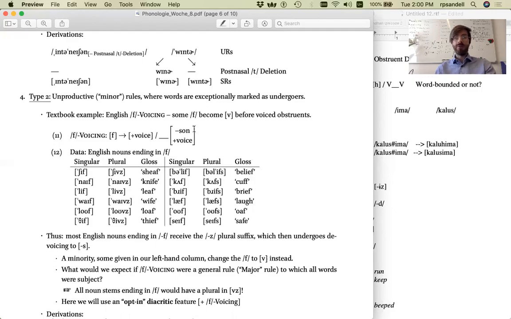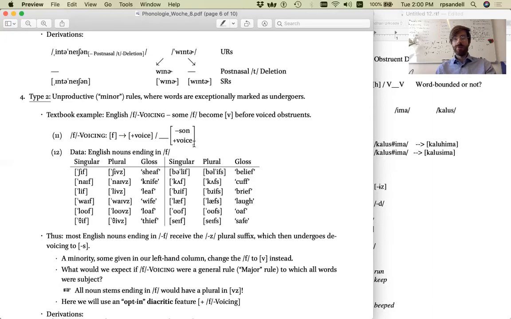So the process from the purely phonological point of view simply states that an underlying F becomes voiced preceding a voiced obstruent. So some nouns of English, like knife, leaf, or wife, show an alternation where we get a V in the plural. And so we have knife, knives, leaf, leaves, wife, wives, and so on.